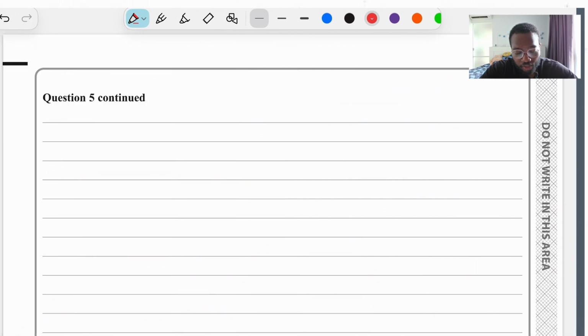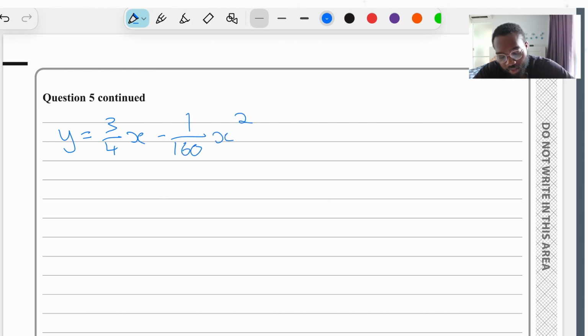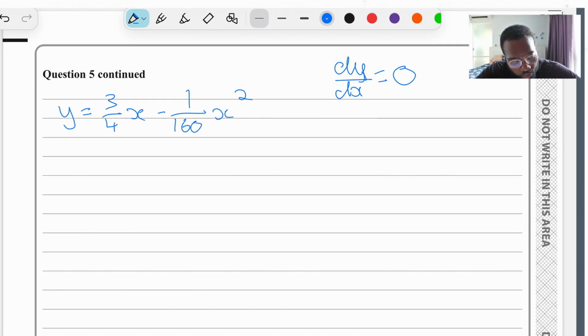So if I do that here for us, okay, again, we have y is equal to 3 over 4x minus 1 over 160x squared. We know that dy over dx is equal to 0. That will give us our stationary point for our x value. If we do that here, we get dy over dx equal to 3 over 4. And for this one, we do 1 over 160 times 2, which is 2 over 160, so that'll give us 1 over 80, and that'll just be an x, and that must equal 0.